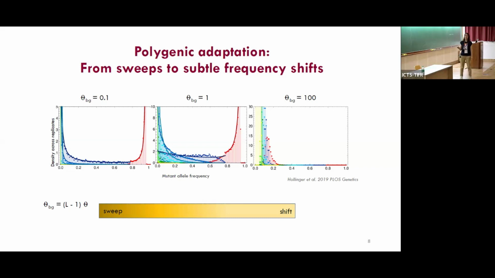So in one population, depending on the redundancy or mutational target size, if the mutational target size is small, different individuals can use the same beneficial allele, and that's why we do observe large frequency changes. Or if there are many adaptive alleles, different individuals in a replicate can use different alleles to reach the same phenotypic optimum, and then that's why we would have small shifts. So adaptation could actually occur anywhere along this spectrum.